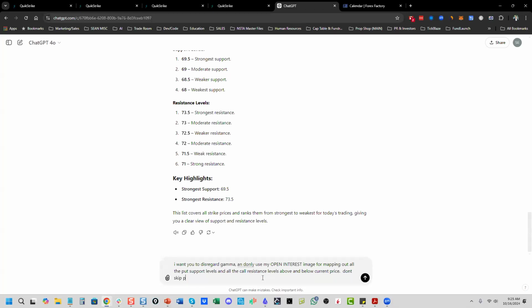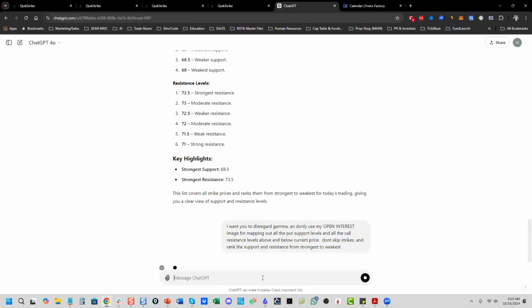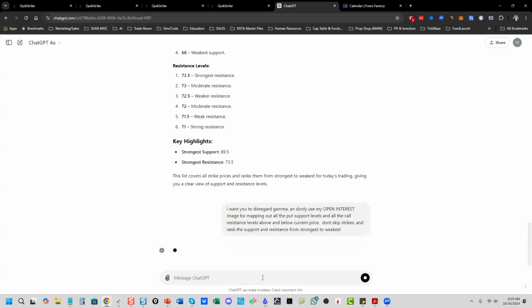Don't skip strikes and rank the support and resistance from strongest to weakest. So all I'm asking it to do now is just look at the one image.